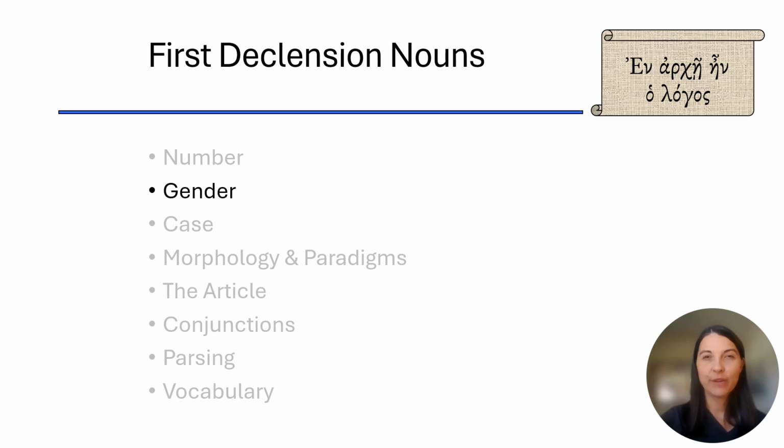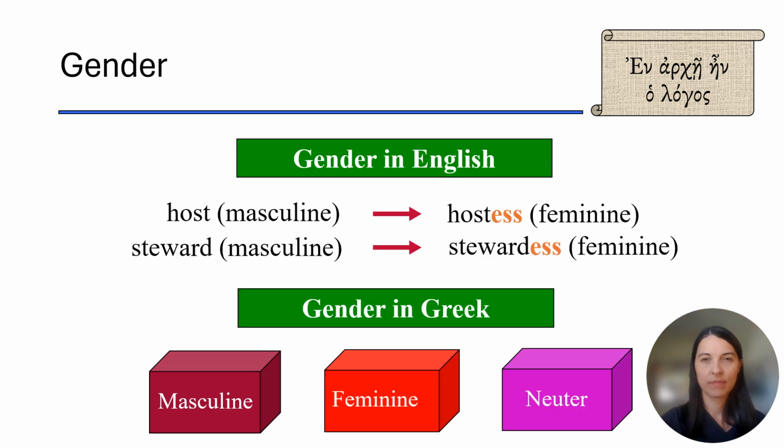So in your vocabulary for chapter 1, all of the vocab that you had were first declension nouns in the feminine gender. This time in chapter 2, you are getting those vocab words that are masculine words in the second declension, which you'll be using in the next chapter. Now, we don't have grammatical gender in the English language.